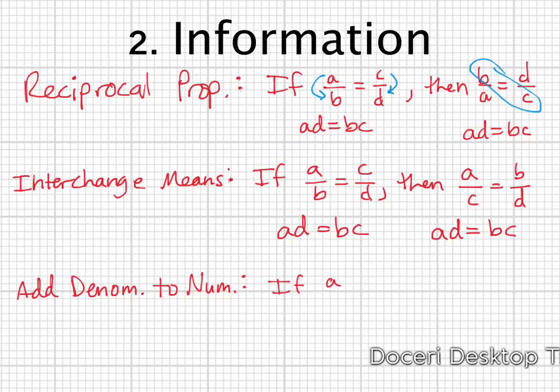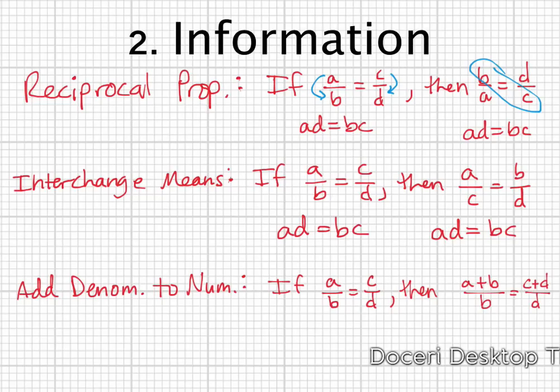So if I have A over B equal to C over D, then if I add B to the numerator on the left, I get A plus B over B equal to C plus D over D.